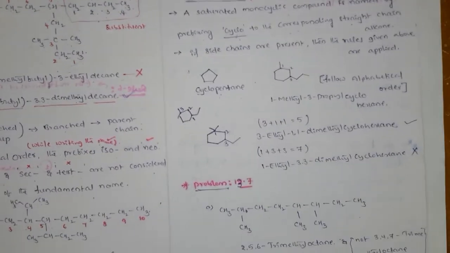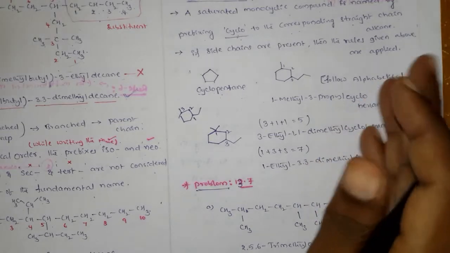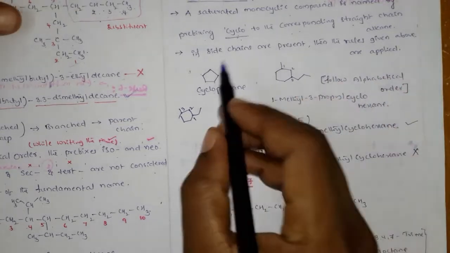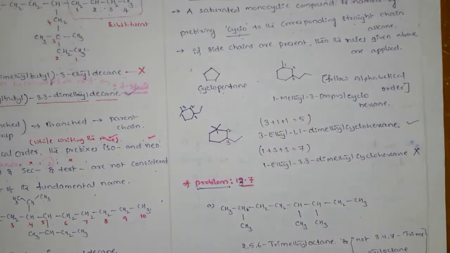Like this: cyclopropane, cyclobutane, cyclopentane, cyclohexane, cycloheptane, cyclooctane, cyclononane, cyclodecane. That is without any substituent. If suppose on the cyclic compound there are substituents, then what do you have to do?